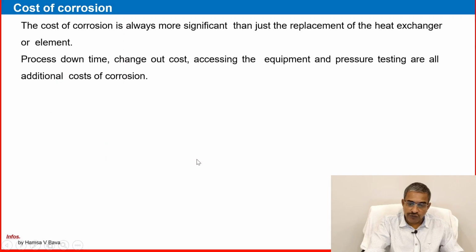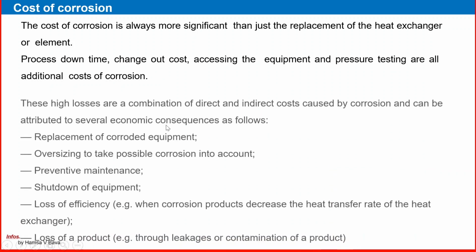So the cost of corrosion is something we have to consider also. The cost of corrosion is always more significant than just the replacement of the heat exchanger or element. Process downtime, change out cost, accessing the equipment and pressure testing are all additional costs of corrosion.